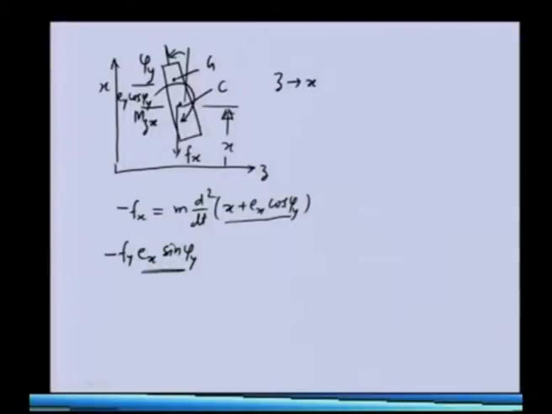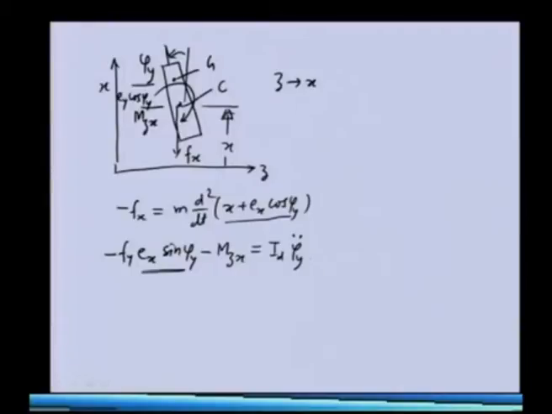This is the moment of the Fy with respect to the center of gravity G, and the moment is acting, that is Mzx, and then it should be equal to the rotary inertia of the disc.